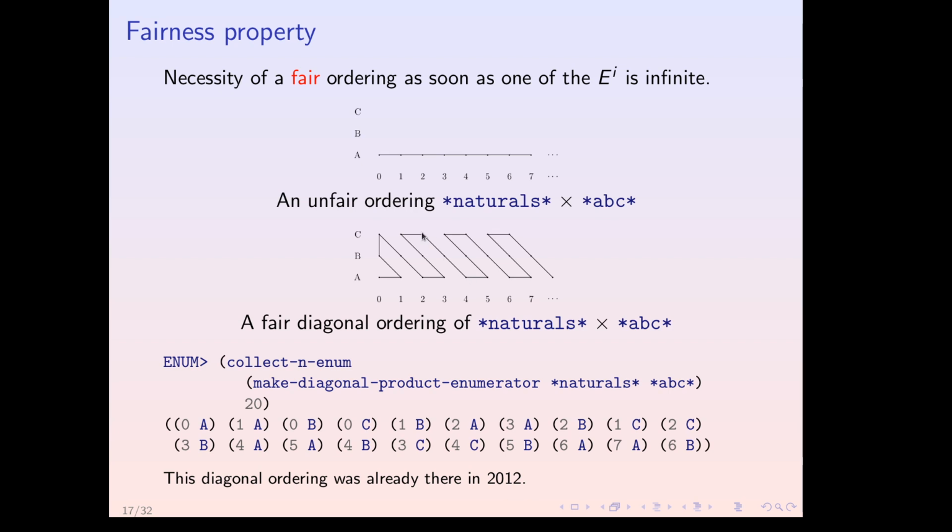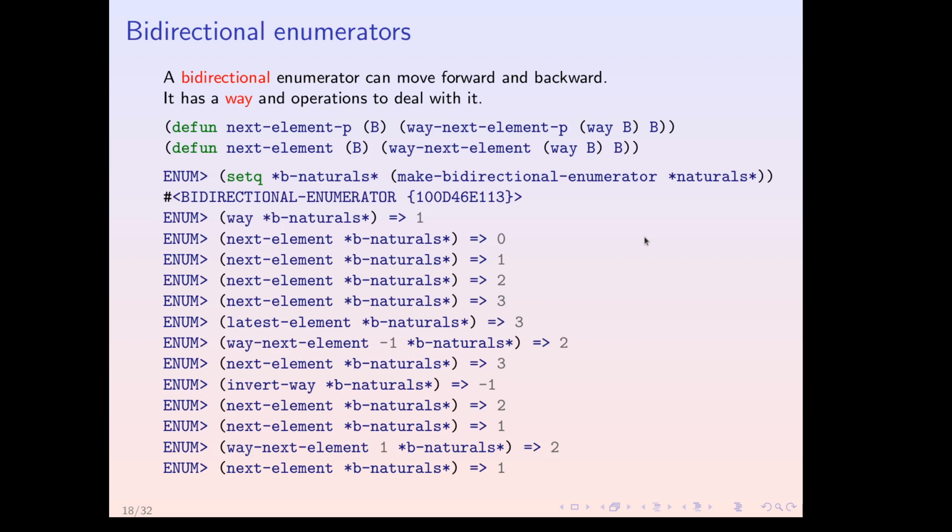When I go, for example, on this step, the enumerator on the y-axis is going down, and the x enumerator is going up. And it's the opposite when I'm here. It's going backwards on the natural integers and forward on the ABC enumerator. This is why we need bidirectional enumerators, which I'm going to present now.